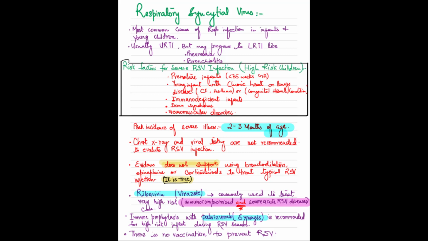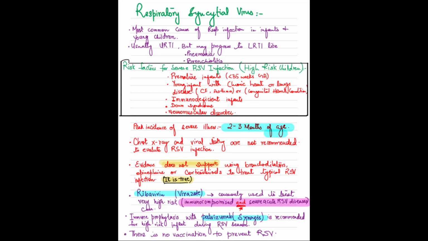That means premature infants, babies delivered at less than 35 weeks gestational age, young infants having any chronic heart or lung conditions like cystic fibrosis, asthma, congenital heart conditions, immunodeficient infants, Down syndrome, any neuromuscular disorders, because if they have a neuromuscular disease, they are not able to have proper functioning of their lungs and of their smooth muscles, so that can make the RSV infection more severe. So these are the risk factors in which the chance of getting severe RSV is very common.